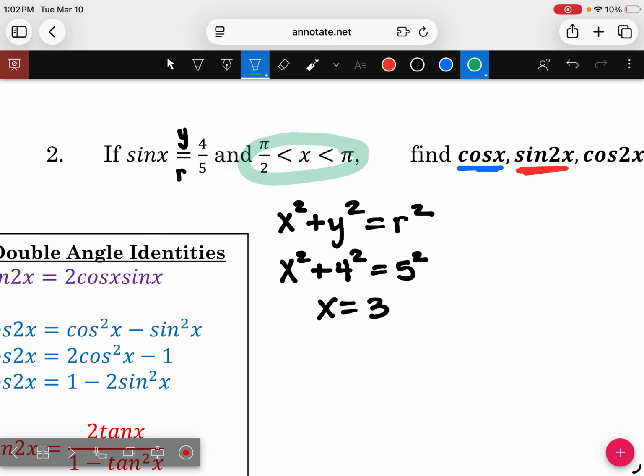Quadrant 2? I agree. If we're in quadrant 2, is cosine positive or negative in quadrant 2? Negative. So that means that the cosine of x is negative 3 over 5.